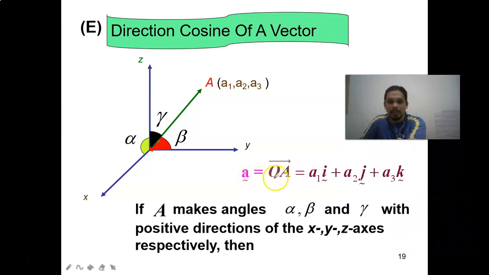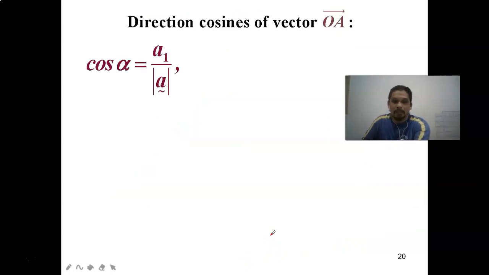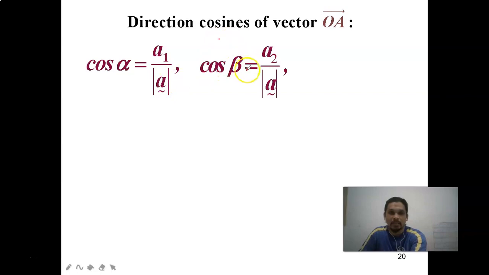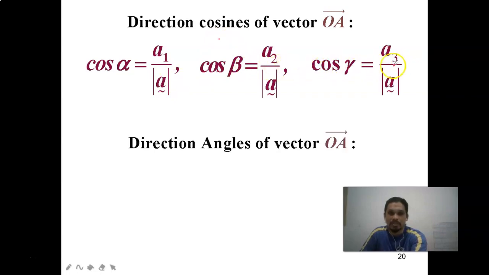So vector A, OA, as you see here now, is A1 i plus A2 j plus A3 k. If A makes angles of alpha, beta, and gamma with the positive direction of the x, y, and z axes respectively, then cos alpha equals the magnitude of A1 divided by the absolute value of vector A, and likewise cos beta and cos gamma, as you see here now.